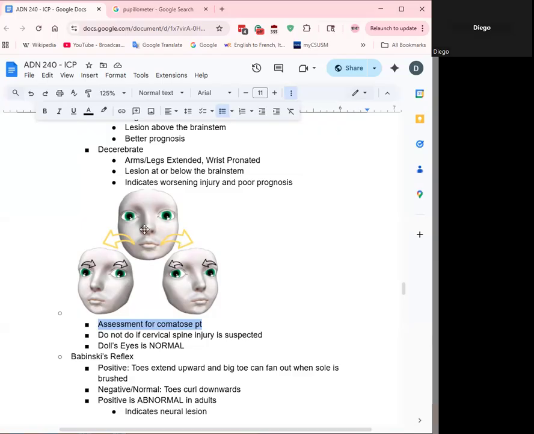Basically, their eyes will shift automatically toward the center, and that is considered normal. If you turn their head and their eyes move with them, that is very, very bad. That is indicative of a spinal cord injury or brainstem injury. Having the doll's eye reflex is normal.